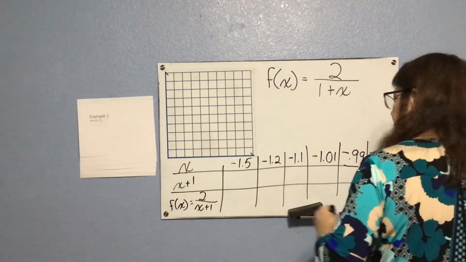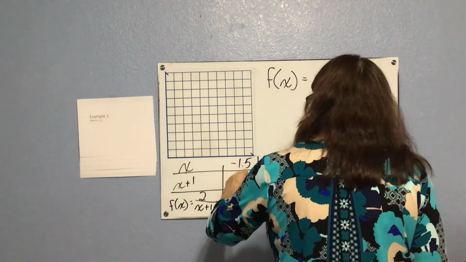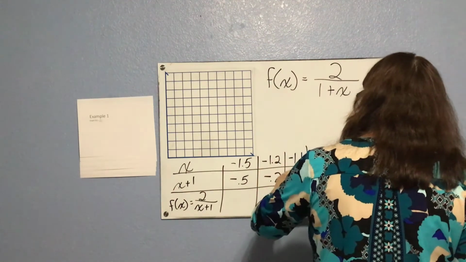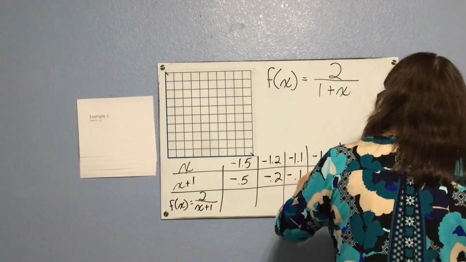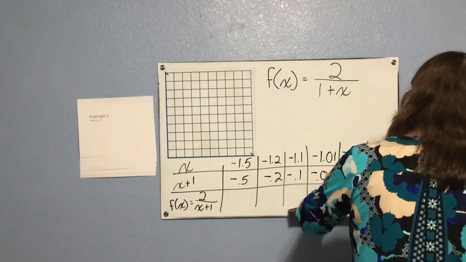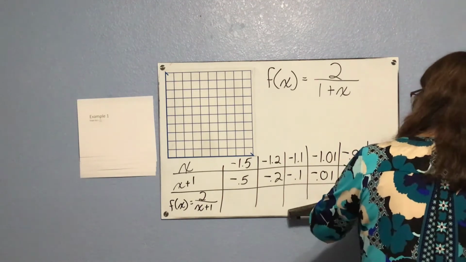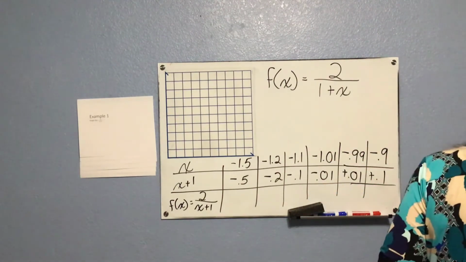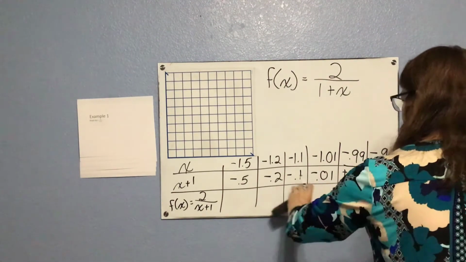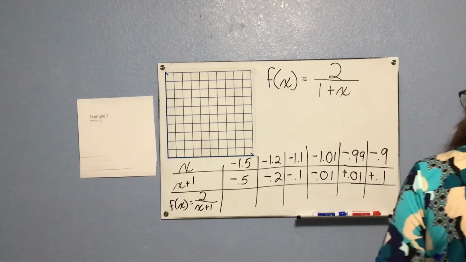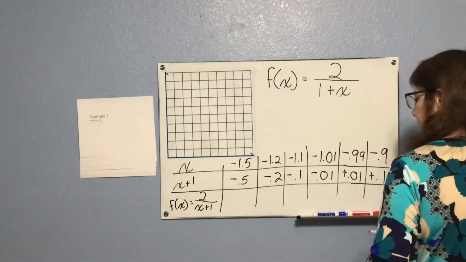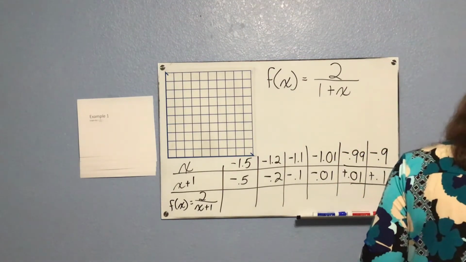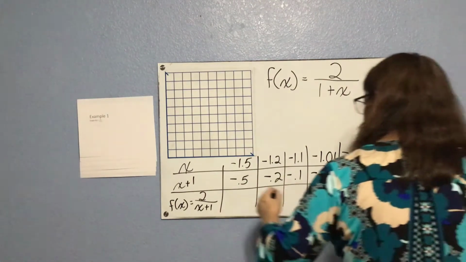Now when I add 1 to each of these, I get negative 0.5, negative 0.2. And now when I put these in this function, all of these numbers are absolute value less than 1, so pretty small, which means that my third row is going to get a little bit larger.